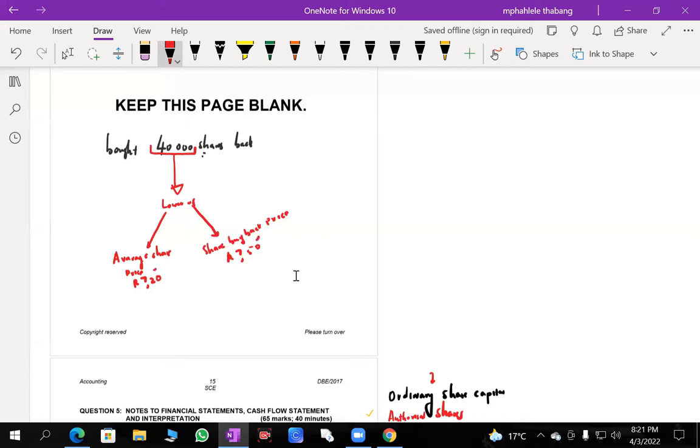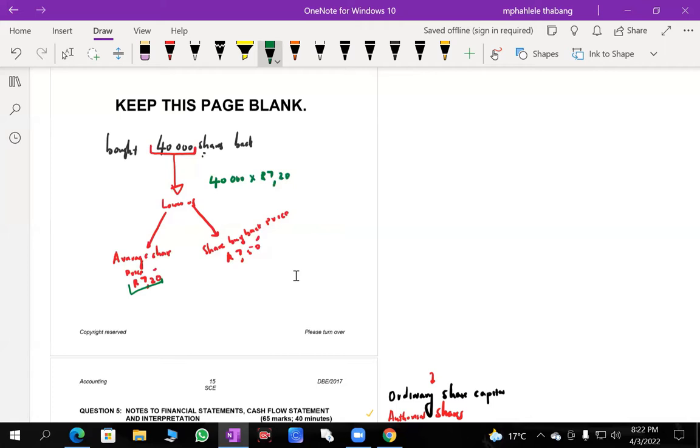Which one is the lower between the average share price and the share buyback price? Which one is the lower in this case? The average share price. Yes. To value these 40,000 shares, we use 7.20. So we are going to say 40,000 times 7.20. Simple.